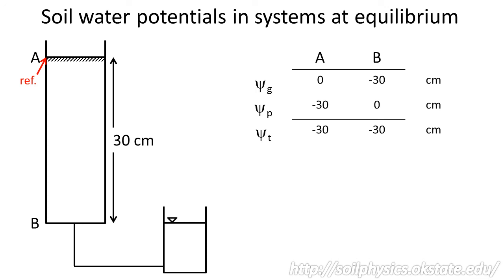The total potential at B then would become minus 30 because the pressure potential hasn't changed. The free water surface is still at elevation B, so that pressure potential is still 0 and the total at B is now minus 30. Total potential at A likewise must be minus 30 because the system's at equilibrium, and the pressure potential at A is minus 30.